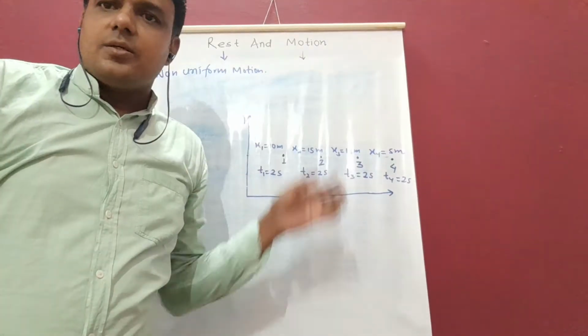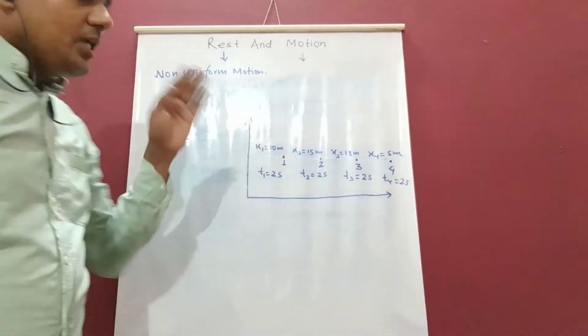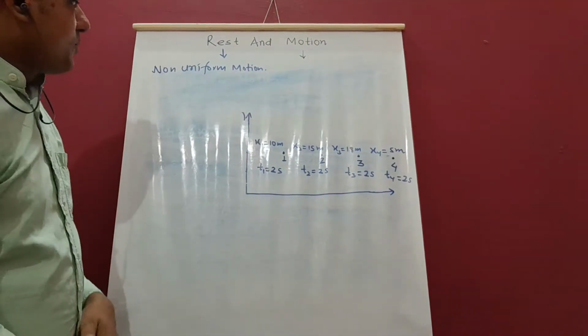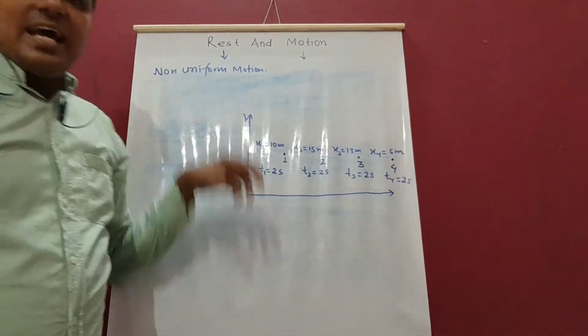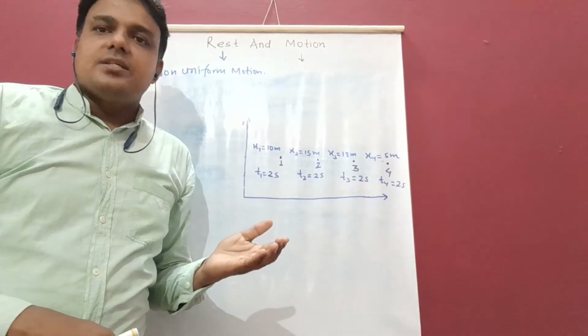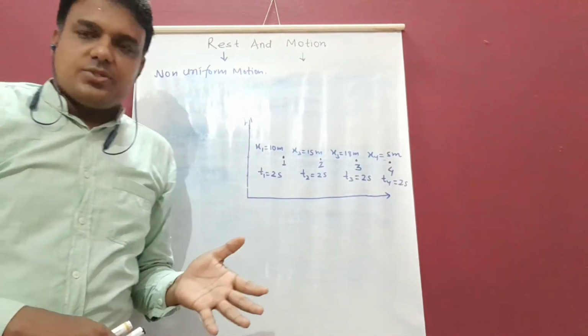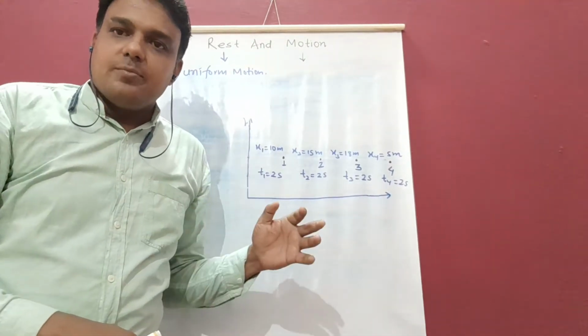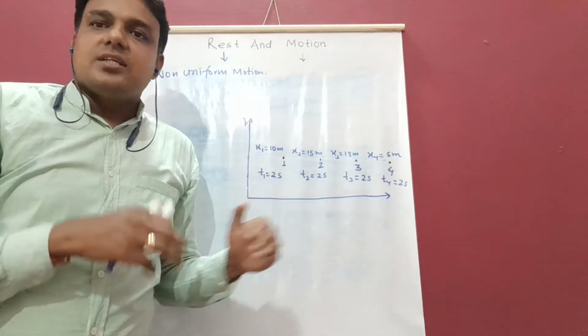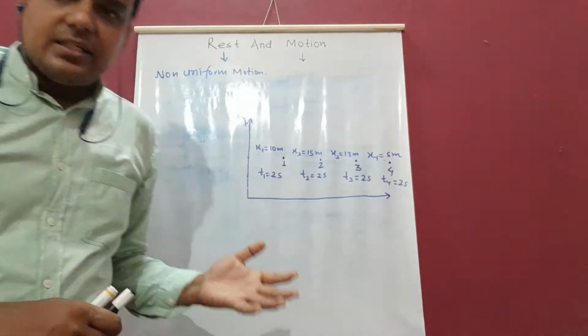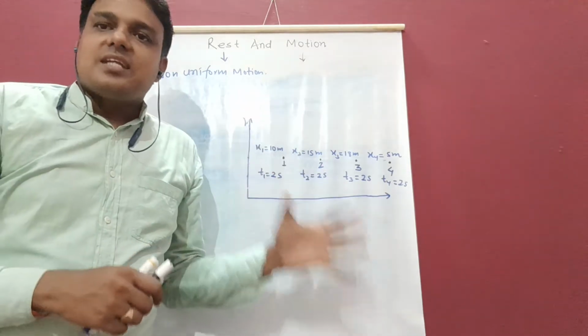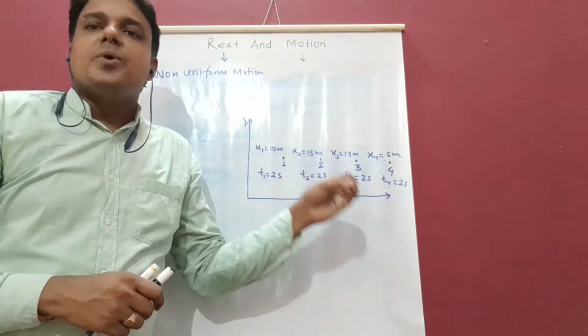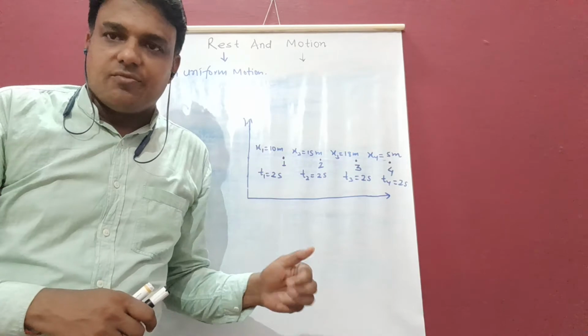Now we have another term, that is non-uniform motion. Non-uniform motion represents that an object changes its position with passage of time in such a manner that it travels unequal distances in equal intervals of time.